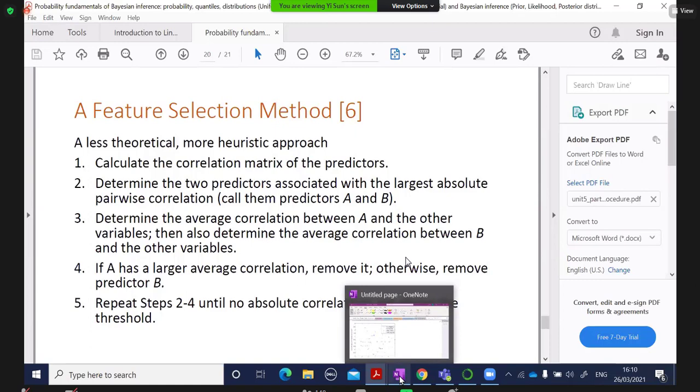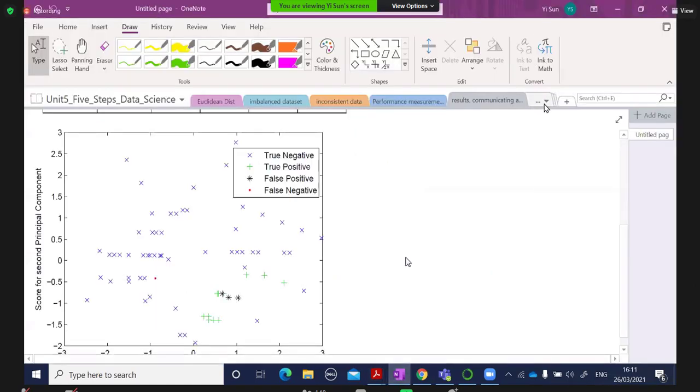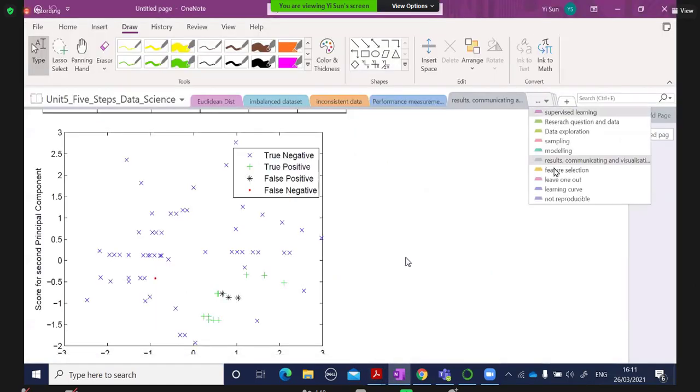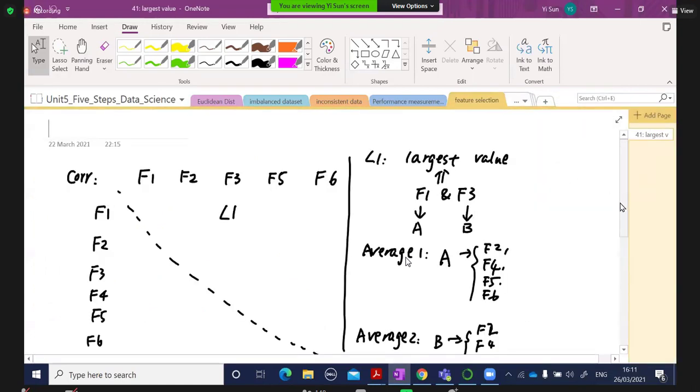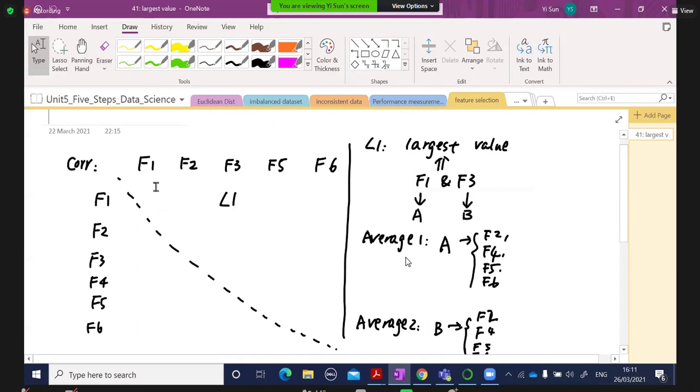Okay, so what does it mean here? What's going on? Let's have a look. Imagine we have a data set involving 6 attributes, 6 features.